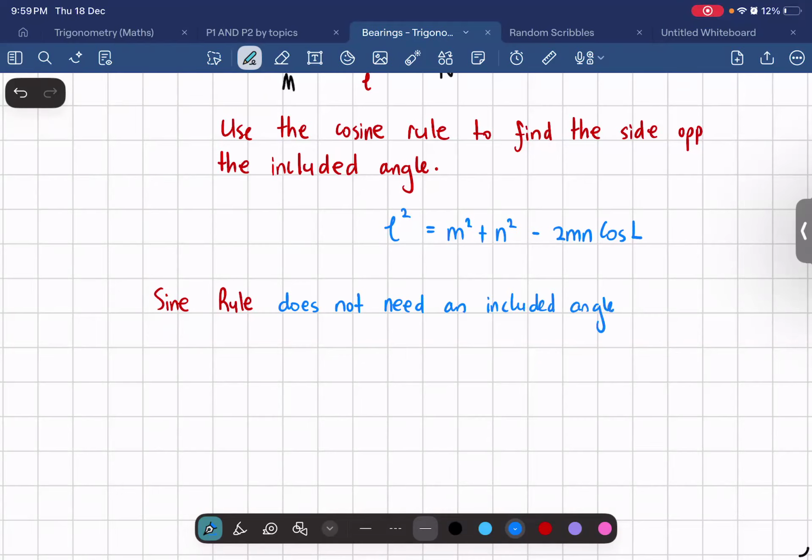And Adika, if you want to use the sine rule, what's the main thing you need? What piece of information? You would need a pair. Yeah, right? When I say a pair, I'm talking about an angle and a corresponding length.